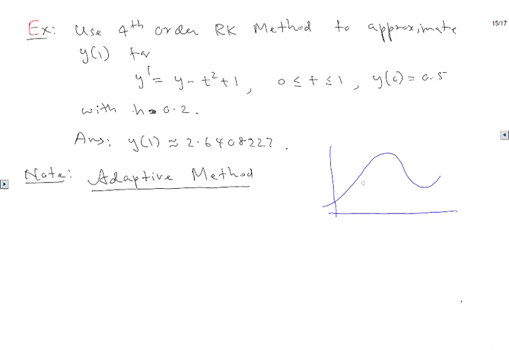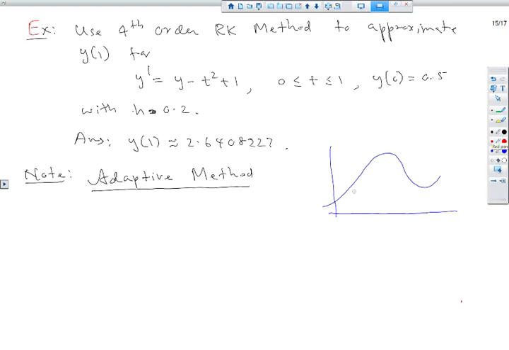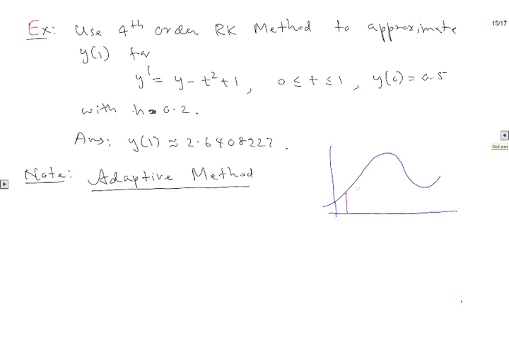When the curve is almost linear, we don't need that many intervals. So here we can use fewer intervals, because it looks almost linear. But when it curves, we use more intervals. So here we can use more intervals, and then again fewer, and again more. So we're going to change the gap.